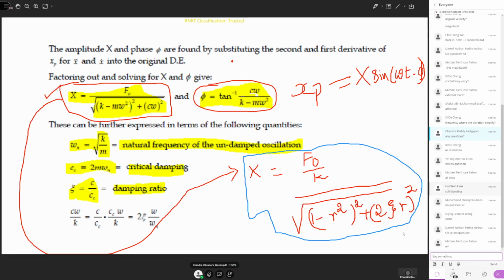F naught over K over square root of 1 minus R square whole square plus 2 eta R whole square, where R is equal to omega over omega n, the ratio of the frequencies.